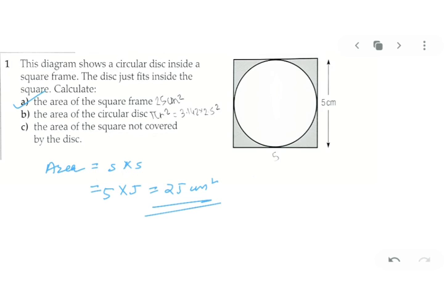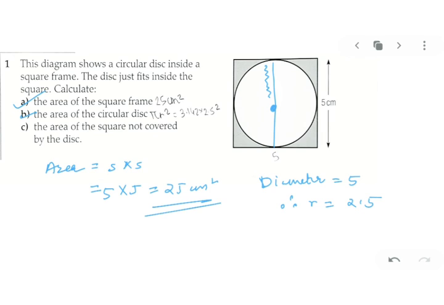Your next part is area of circular disc. Now, whatever measurement you have for the side of the square, that same will be the diameter of your circle, and half of the diameter will be your radius. So the diameter of this circle will be 5, and hence the radius will be half. Therefore, radius, can I take it 2.5?